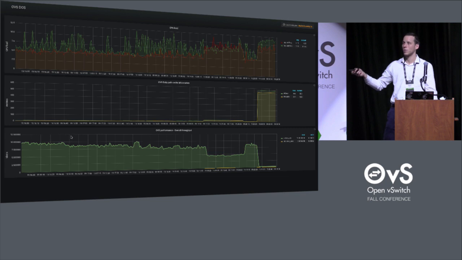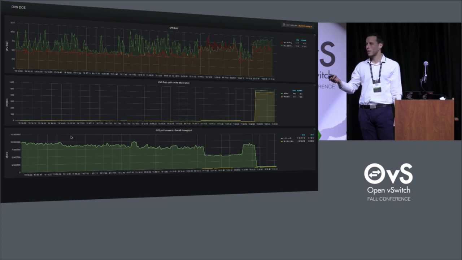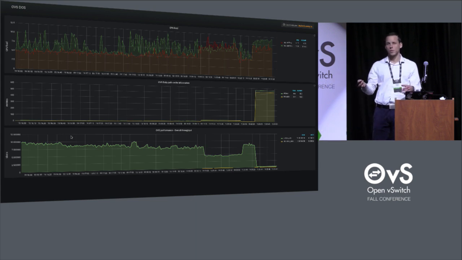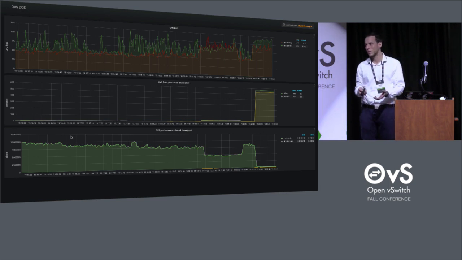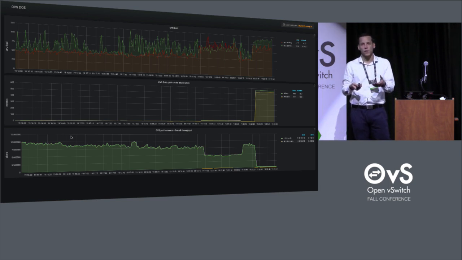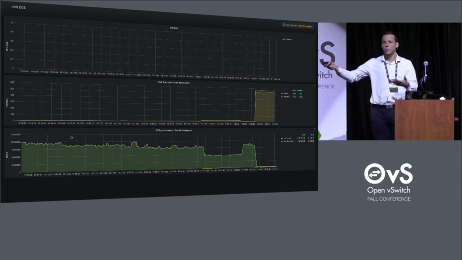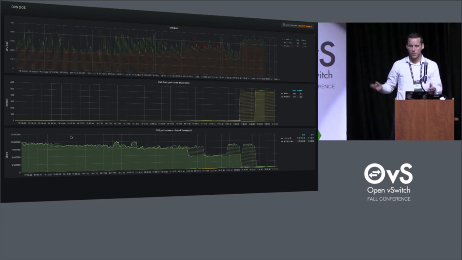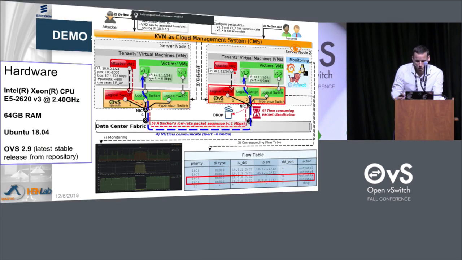And the thing is, if we consider this yellow line as an attacker, it's not really an attack, because the number of packets and the speed at which we are sending them into the system could be considered a covert packet sequence, because it's really low compared to the actual traffic that the VMs are having between each other.